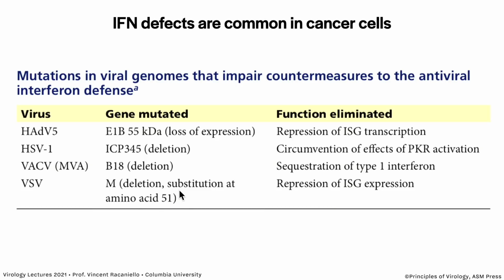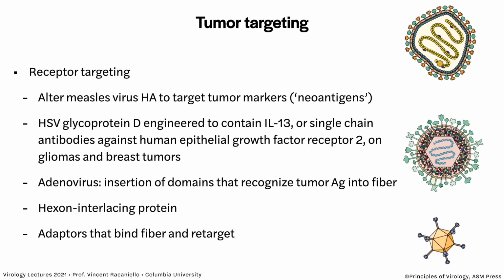So we design the viruses so that they cannot overcome interferon. We don't need to in the cancer cells, and these viruses will be limited in normal cells. So taking advantage of the fact that many cancers have defects in interferon, say, we can design a virus that will be able to reproduce in the tumor cells, but not in normal cells. You can also do tumor targeting, make the virus bind to, say, a tumor marker, a neoantigen.